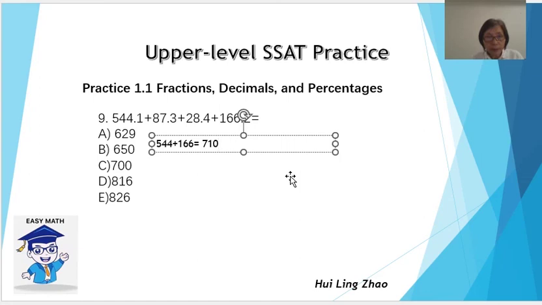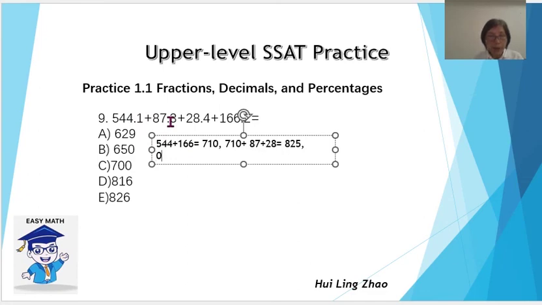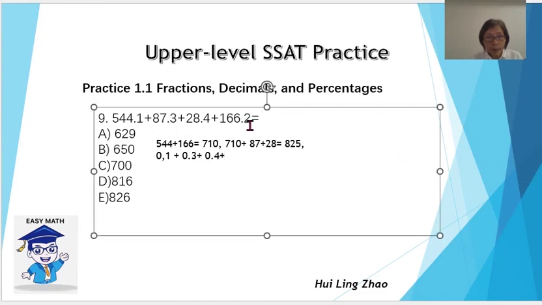710, right? And the 710 plus 87 and plus 28, right? So we know this equals 825, right? And for the decimal places, the first one is 0.1 plus 0.3 plus 0.4 plus 0.2, right?